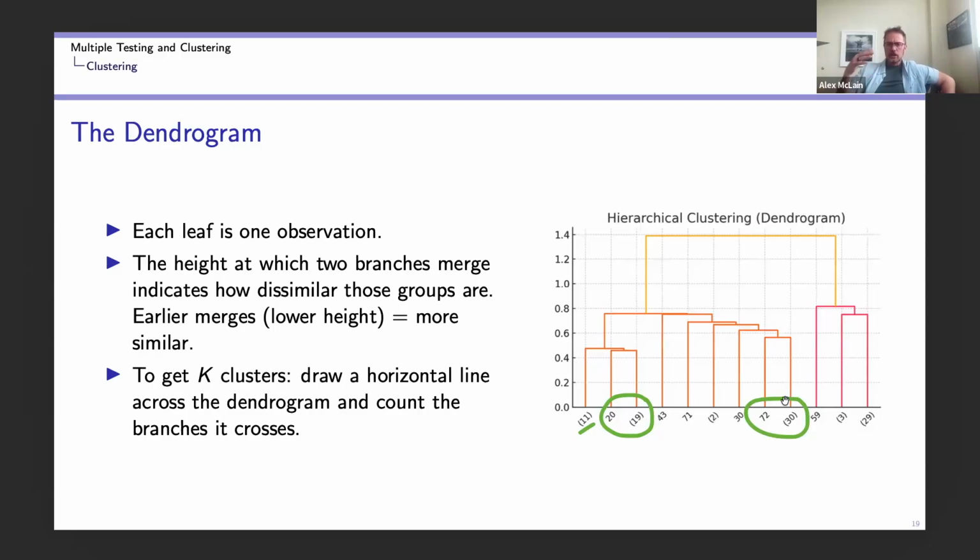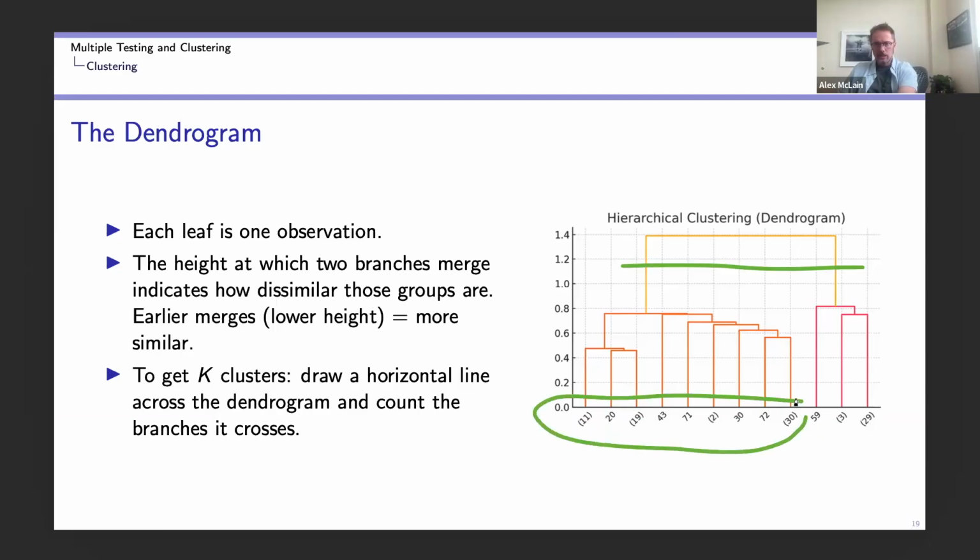The height at which 2 points were grouped together is an indication of how similar those points were. If we want K clusters, we simply draw a line. So here, if we wanted 2 clusters, we would cluster all these data points together and these 3 data points over here. So we would get 2 groups with those.